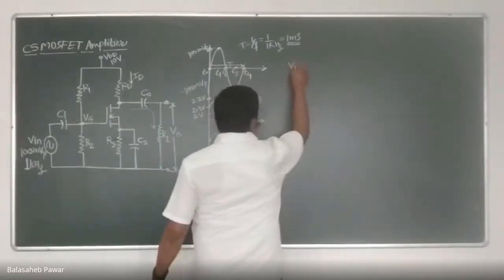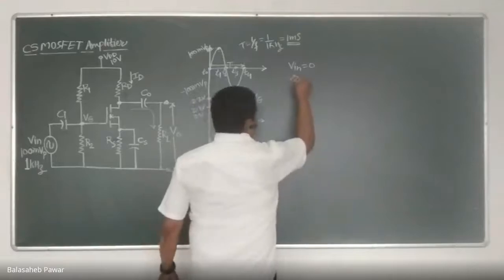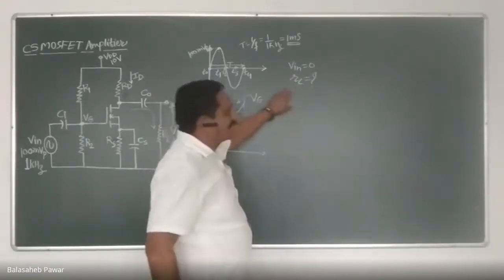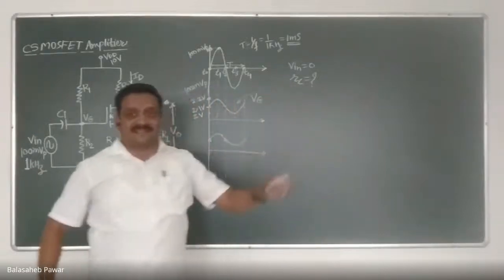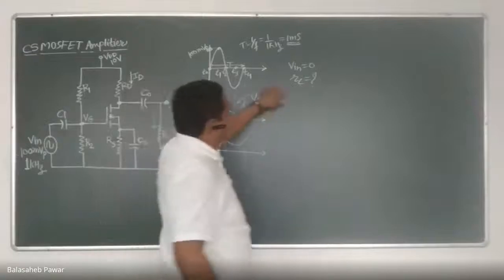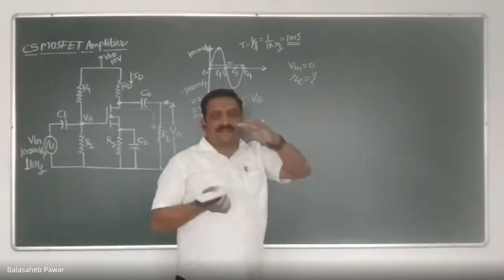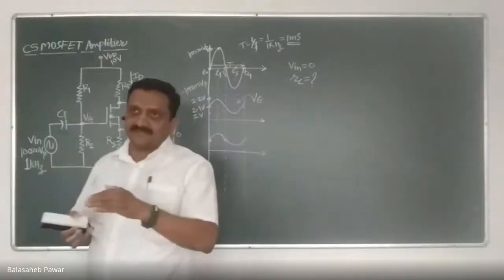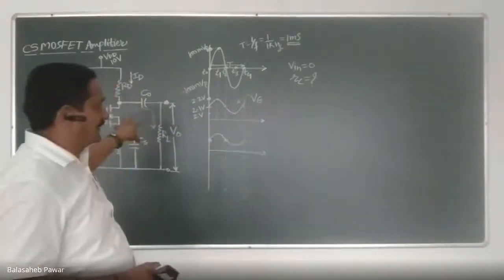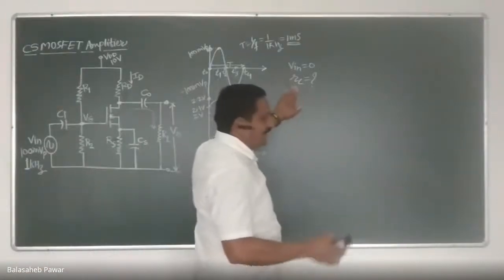I am asking about RC. Small RC is nothing but the channel resistance. Already yesterday we discussed that. This is the channel resistance, or the resistance offered between that drain and source. Just apply your previous logic, the construction and working of MOSFET. This RC will be infinite or finite?